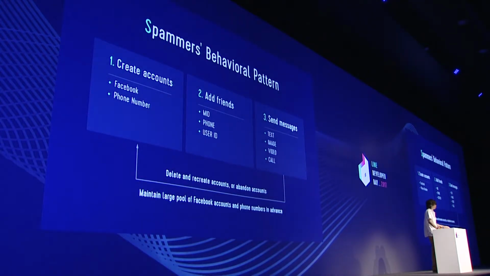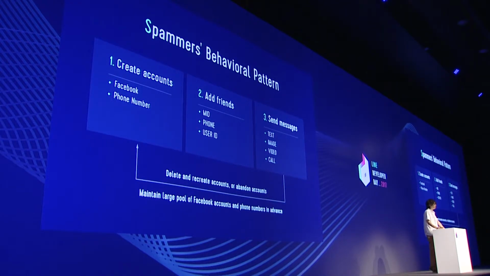Once you ban the spam message, you may think that since a Line account is tied to a phone number, blocking the account would reduce the spamming accounts. However, currently Line accounts can be created using Facebook accounts.